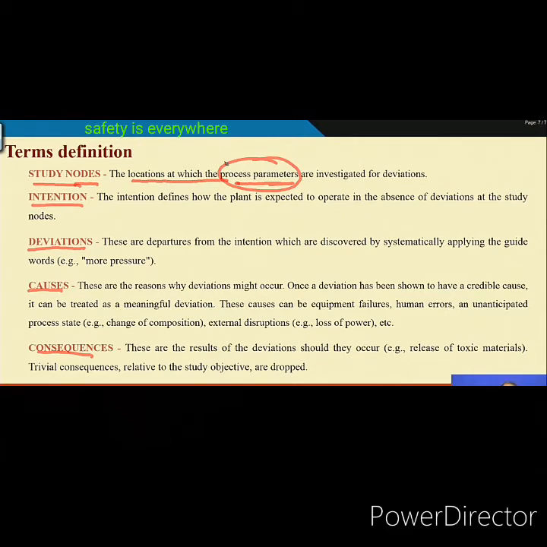We will come to all those nitty-gritties, but for the time being, you are given a system. Now, you will not study process deviation at each and every equipment, pipeline or valve; it is impossible. So, you will choose selective locations, in such a way that all the system process parameters will be investigated.